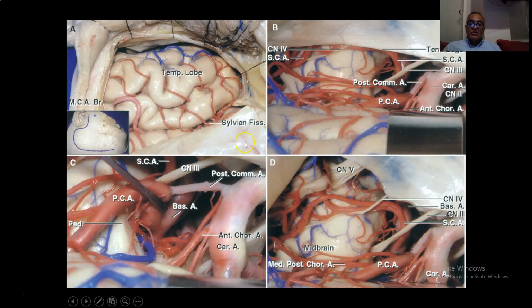This is the temporal horn, the temporal lobe, the frontal lobe, the Sylvian fissure. And if you are taking out the medial part of the temporal lobe, you will find the veil of the pia.